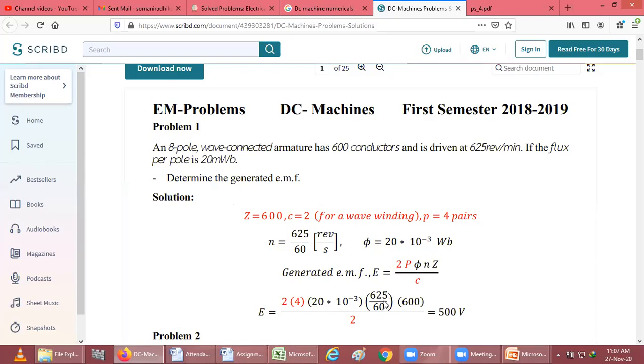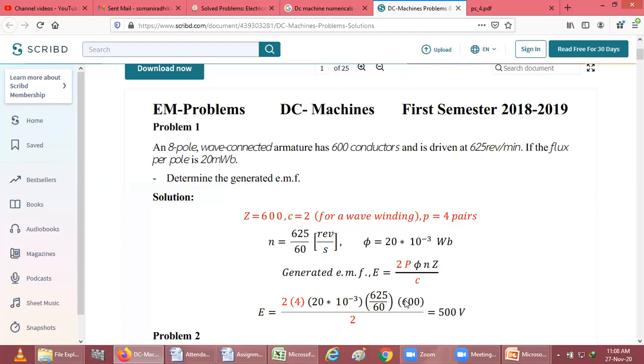They have given small n, that is 625 upon 60, because you are converting capital N into small n. Again you have the number of conductors, Z, whose value they have given as 600. So if you put all these values, you will get EMF equal to 500 volt.